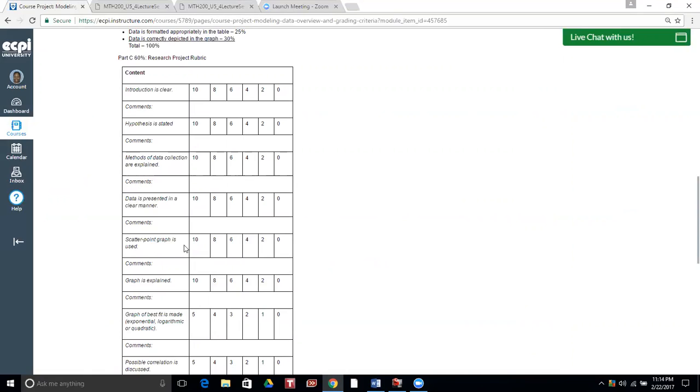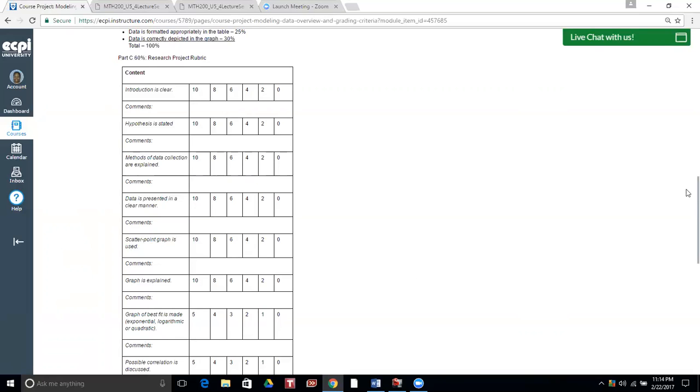Your scatter plot graph, have your graph. Explain what's going on in your graph. And so that's more writing. Give the details. Tell what graph best fits your data. Is it exponential, quadratic, logarithmic, etc.?